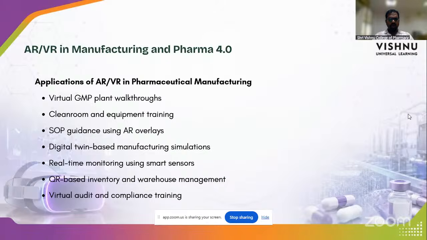Coming to the applications in manufacturing, we can create a virtual GMP plant walkthrough using a VR model or AR model. We can train freshers or people working in the industry on clean rooms and equipment. We can have SOP guidelines using AR overlays. We can create digital twin based simulation models, and also monitor smart sensors in real time, so that we can have process optimization in the industry.